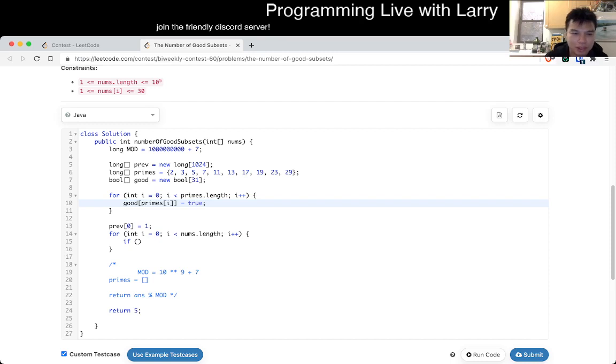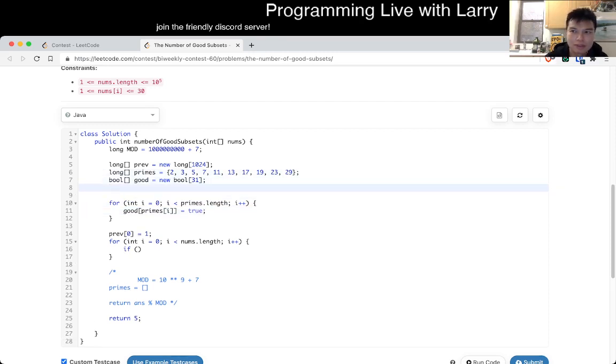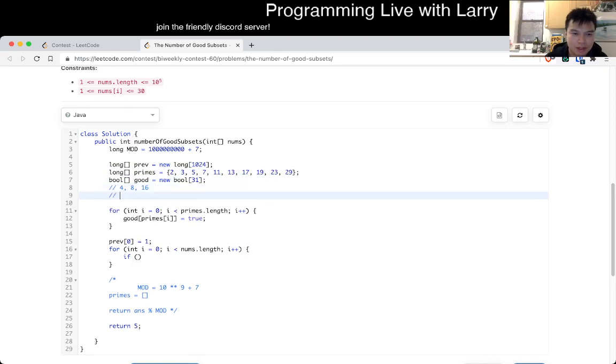So 4 is no good, and then every multiple of 4. So 9, 4.